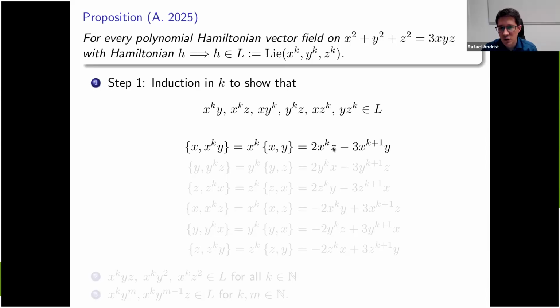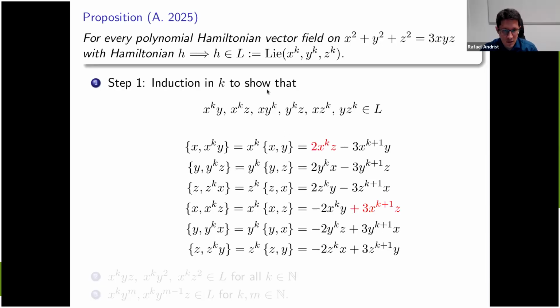But if we assume by induction that all these terms were already there up to order k, then I can subtract it and I get this new term. And then, of course, I have to do this all together. And for example, I need to know that for the next step, also the term x to the k plus 1 times z will appear, so I can subtract it in the next step, and so on. But so this is the easy induction, basically.